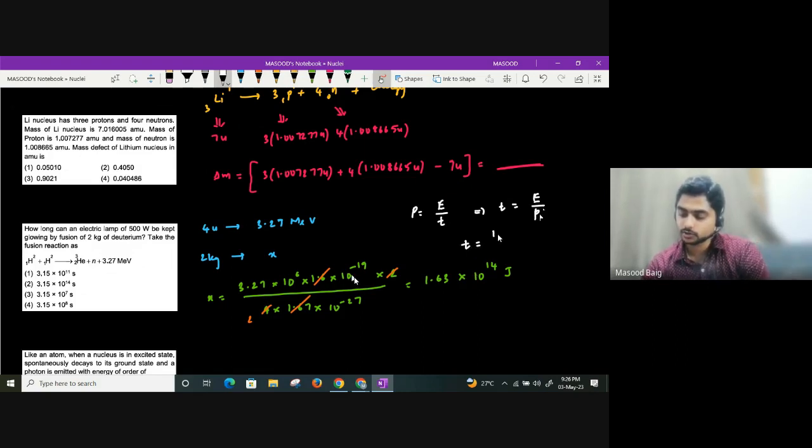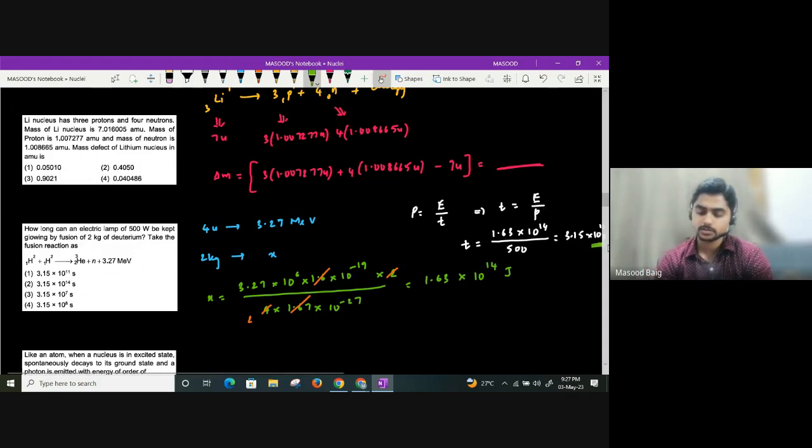Total energy we got is 1.63, near about 1.8, you will get, guys, 10 power 14, divided by power, which is 500 watt. So I'll get 10 power 12 here. 5 is there, 0.3 something. 0.3 into 10 power 12 we will get, guys, which will be the first option, I guess. So the time you will get is 3.15 into 10 power 11 seconds. This will be the answer.